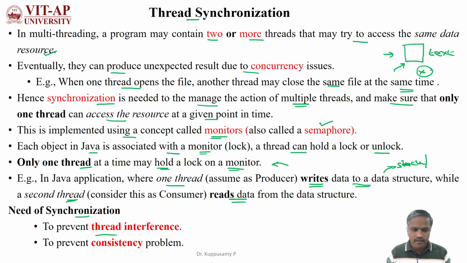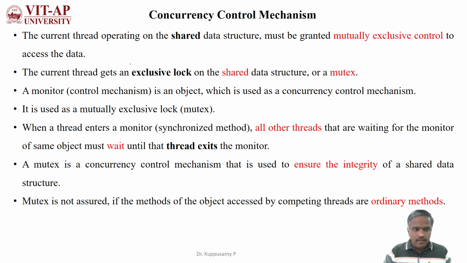To prevent thread interference and to prevent consistency issues, that means data consistency issues. The current thread operating on a shared data structure must be granted mutually exclusive control to access the data, because in multithreaded programming, more than one thread will try to access the same data resource.